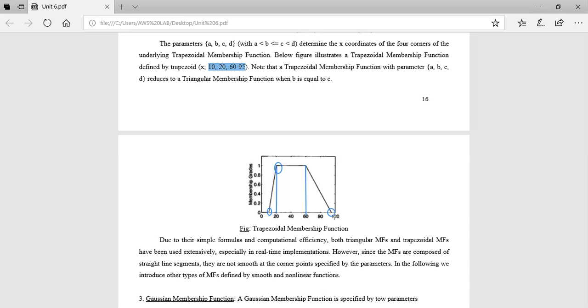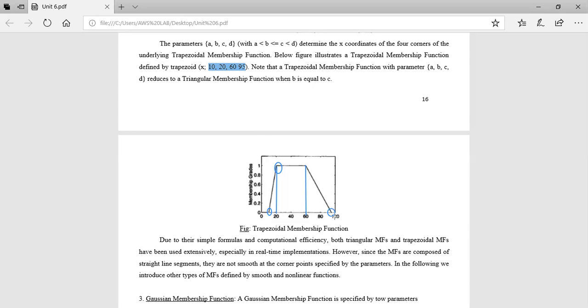So in AI, triangular and trapezoidal membership functions have been used regularly. Since machine learning is a subset of AI, machine learning is going to use sigmoidal membership function.